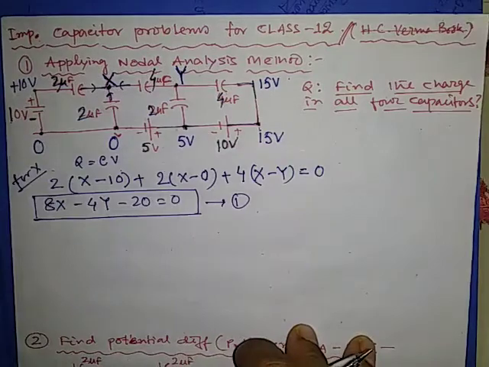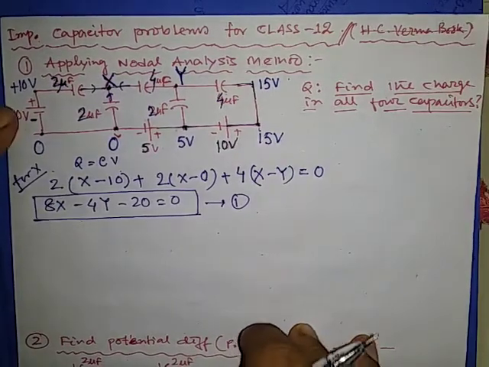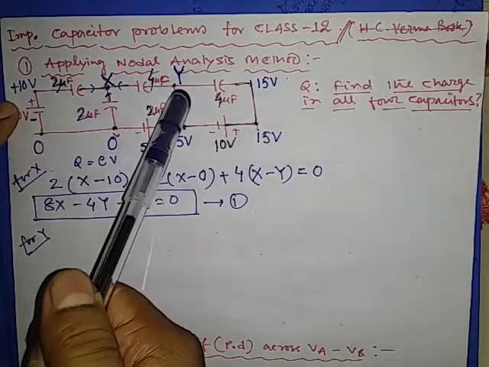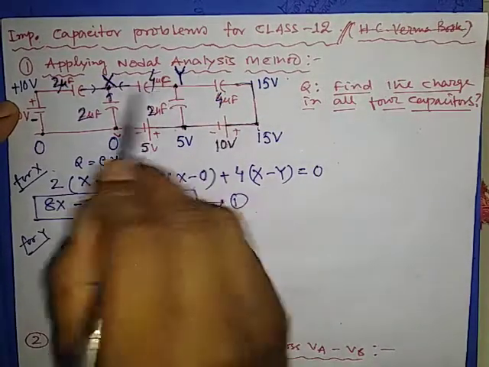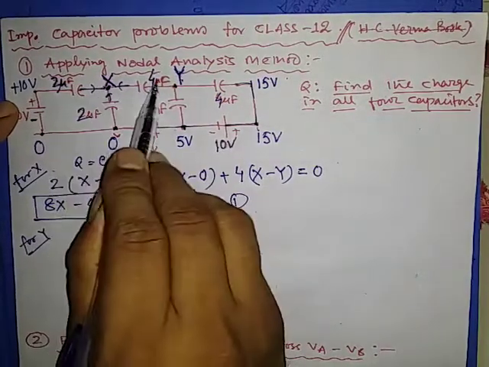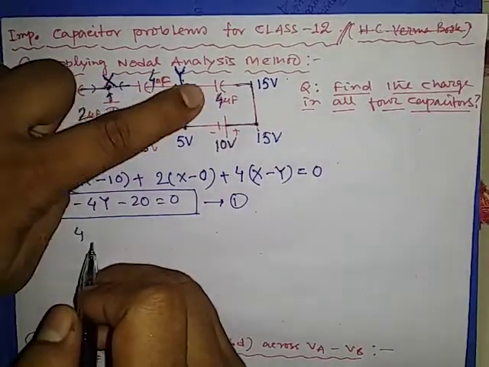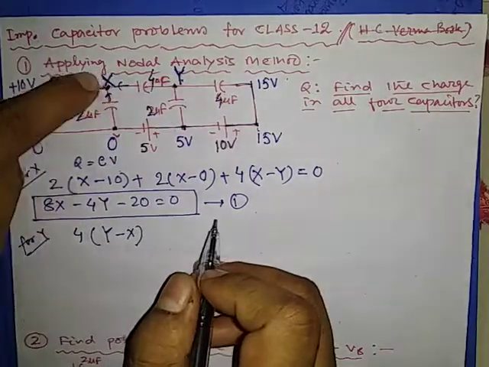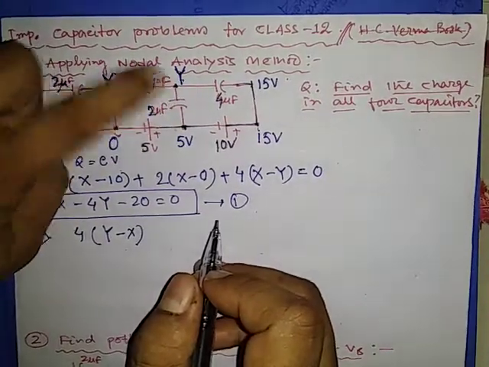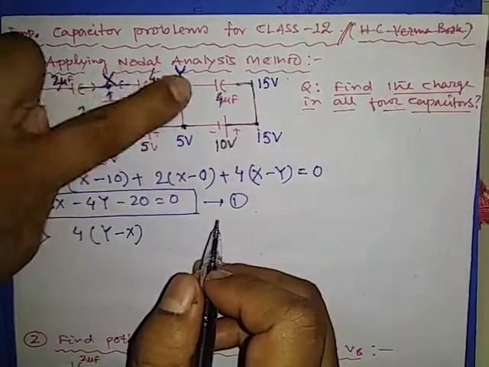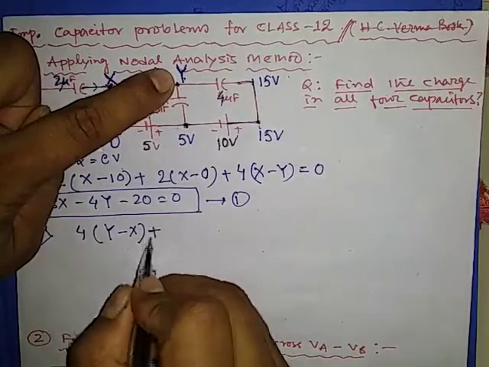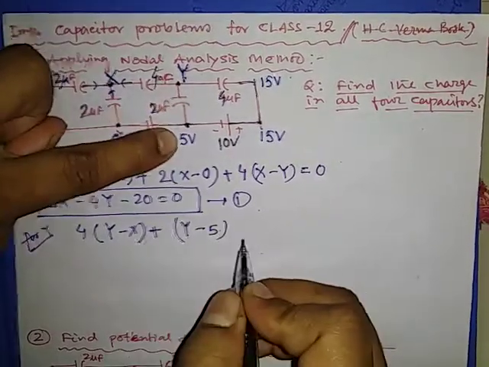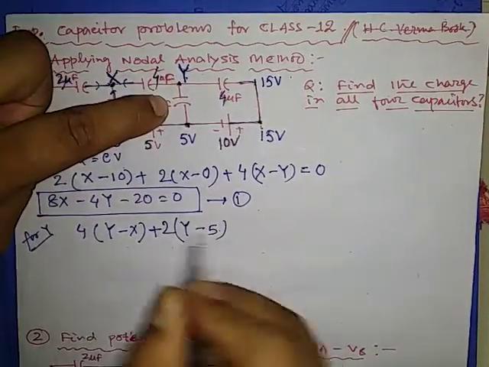And now for equation number 2, for node y. At the y point, we have y minus x into 4, so write 4. See, y minus x, understood? y minus x into 4, C into the change of potential V, plus y minus how much? 5, and the intermediate capacitor is 2.